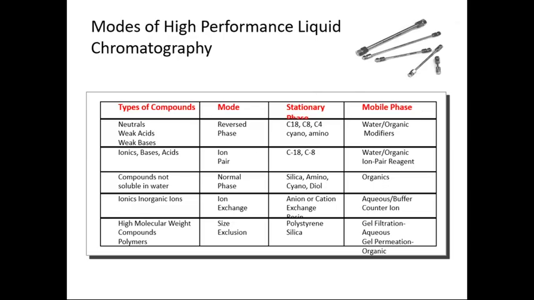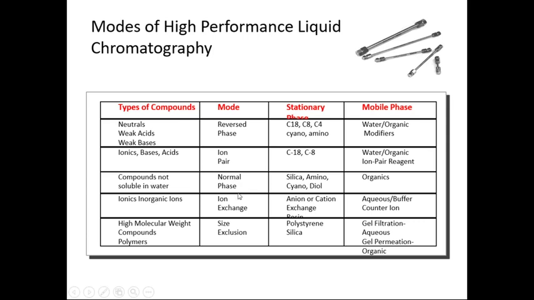So, the modes of high performance liquid chromatography: reverse phase, where you use C18, C8, C14, cyano or amino columns. The mobile phase will be water and organic modifiers. If you are using ion pair chromatography, which is similar to reverse phase, you can use C18 and C8. Here, the mobile phase is water and an organic ion pair reagent.